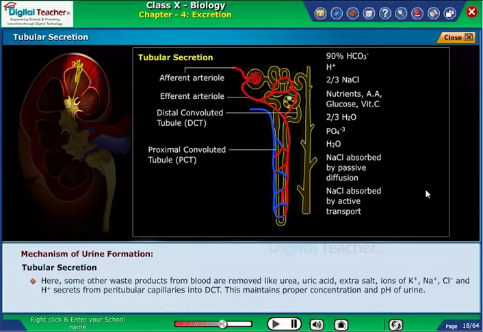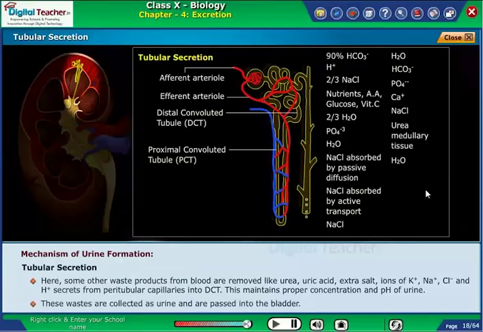Here, some other waste products from blood are removed like urea, uric acid, extra salt, ions of potassium, sodium, chloride, and hydrogen, secreted from peritubular capillaries into the DCT. This maintains proper concentration and pH of urine. These wastes are collected as urine and are passed into the bladder.